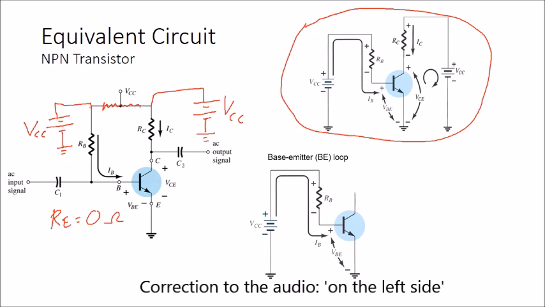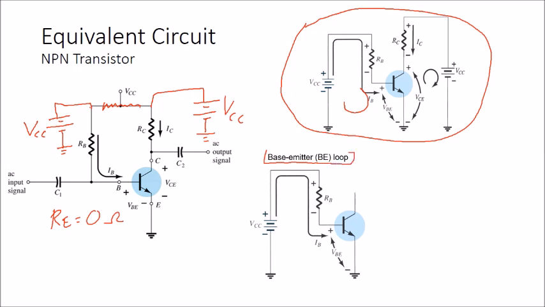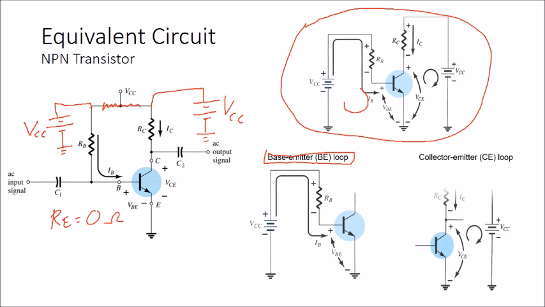On the right side, we have the base emitter loop, or BE loop. And then we have the collector emitter loop, or CE loop. Then we can do KVL.